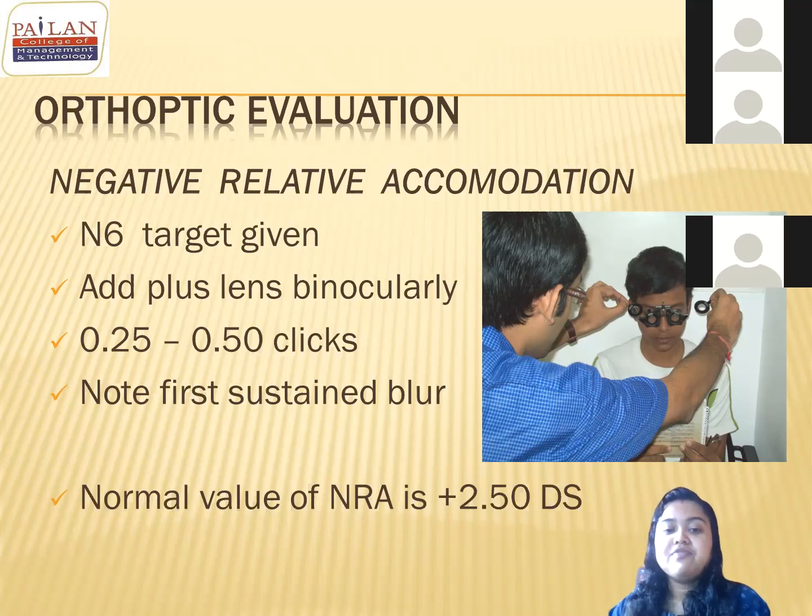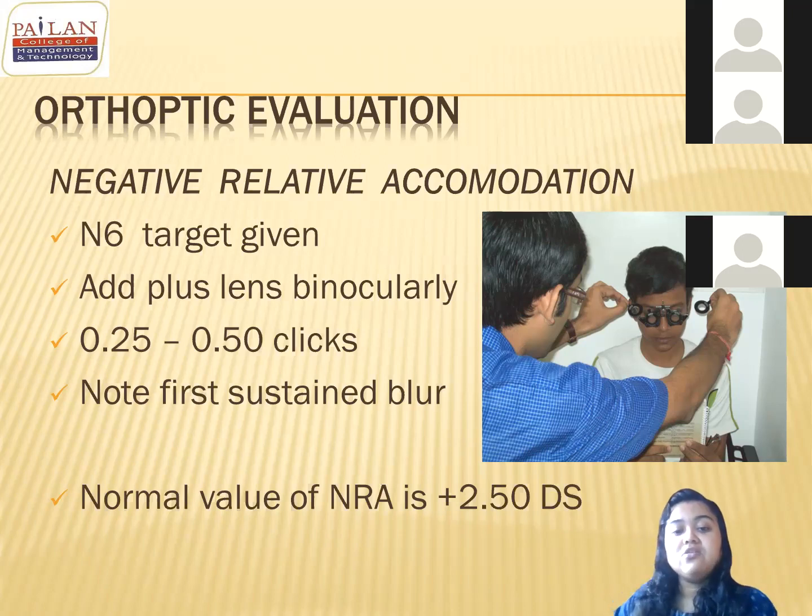If you are getting an NRA value of a higher amount, around plus 3.5, plus 4, plus 4.5, that means you have overcorrected the patient. The patient is a myopic patient, and overcorrection has been done. So that can happen also. All these things can be correlated together.